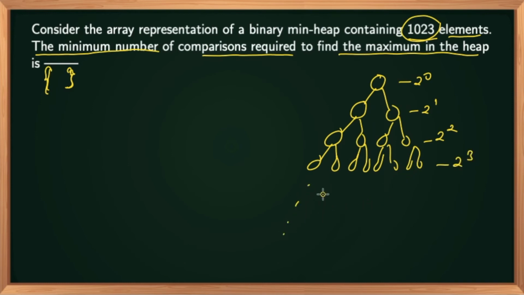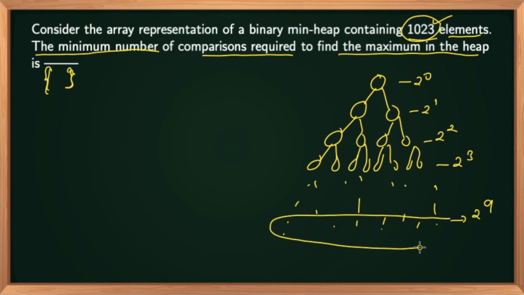Up to the last level, you will have 2 raised to 9 elements, right? Then only we will have 1023 elements. So the last level, that is the leaves, we have 2 raised to 9 leaves, okay? So 2 raised to 9 is nothing but 512. So we have 512 leaf nodes in this heap, okay?